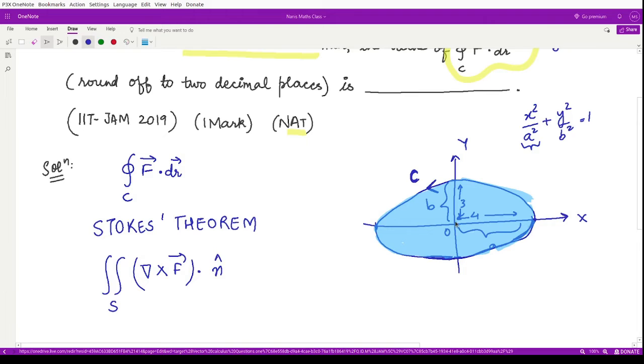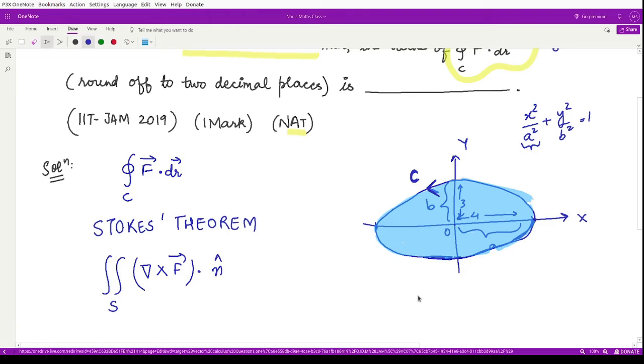Now this is the x plane, this is the y plane, so what would be the direction perpendicular to it? It would be the vector which is coming out of the screen or going inside of the screen. Because we are traversing in the anti-clockwise direction, the direction has to be the positive z direction, which would come out of the screen.